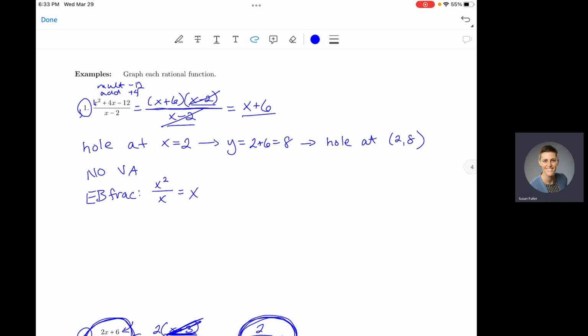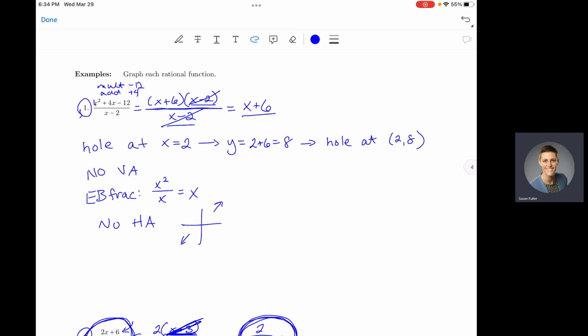So that means that this function acts like the function y equals x at the ends, which means this does not have any horizontal asymptotes. This acts like a polynomial at the end. You could do your regular end behavior from before. If you do that, you'll find that your end behavior looks like this.